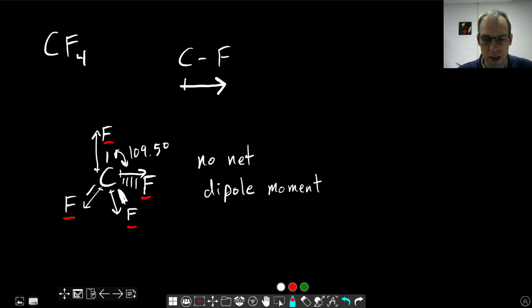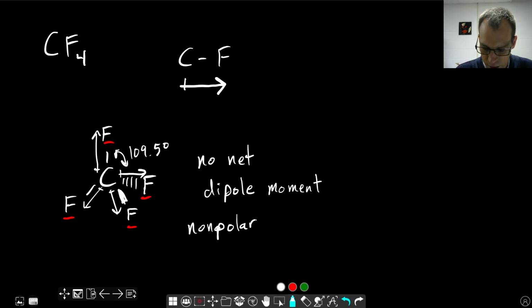And so there's no net dipole moment, and this is a nonpolar molecule. So even though we can have very polar individual bonds inside of the molecule, that doesn't necessarily mean that the whole molecule is polar.